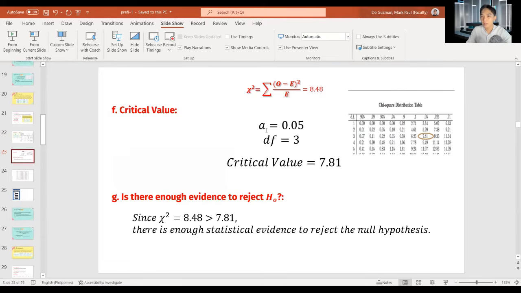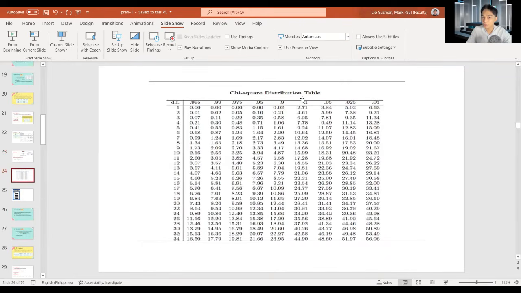So, gamit yung ating level of significance, the alpha is equal to 0.05. And the degree of freedom, that is 4 minus 1, kaya meron 3. Gamitin natin yung ating chi-square distribution table. So, 0.05 at saka 3, pagtatamain lang natin.